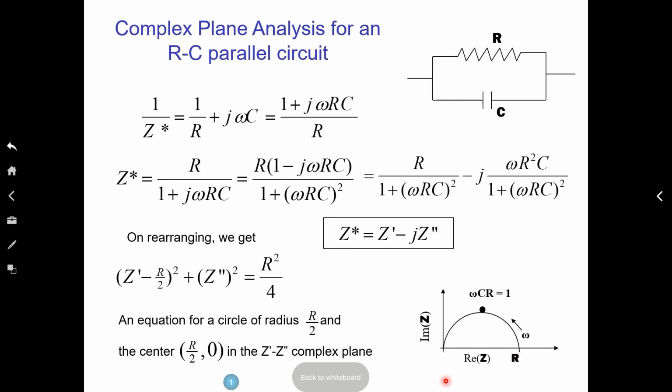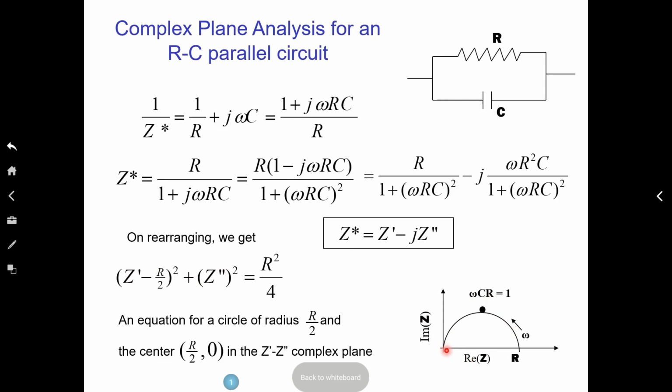You will see that if you draw the full circle, it will have things like negative impedance, which has no physical meaning. So this circle of this equation is valid only in the first quadrant. In other words, if you plot the imaginary part of impedance, Z double prime, versus the real part, Z prime, you get the semicircle.